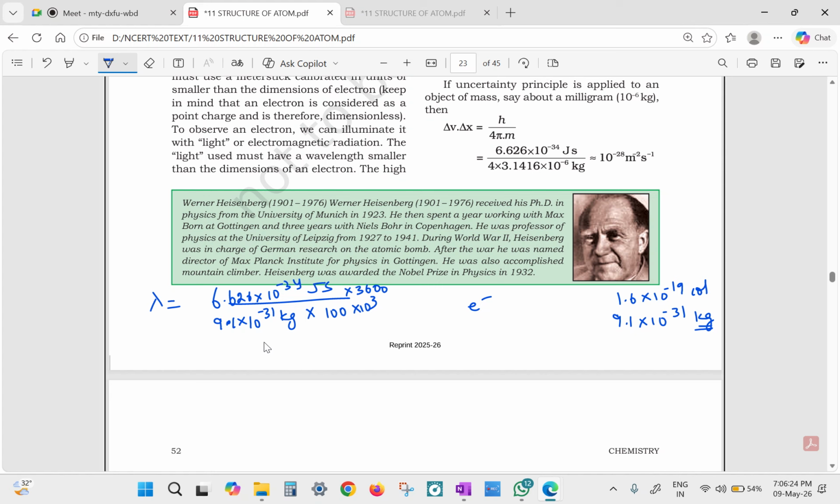So what will it be now? This will be 6.6 into 36 by 9.1 into 100. We'll cancel that. Going up, it is 10 to the power minus 34, and you are bringing up 10 to the power 26. So what will this value be?